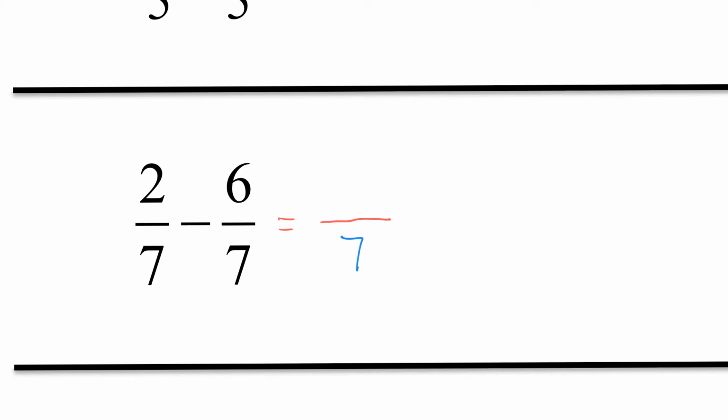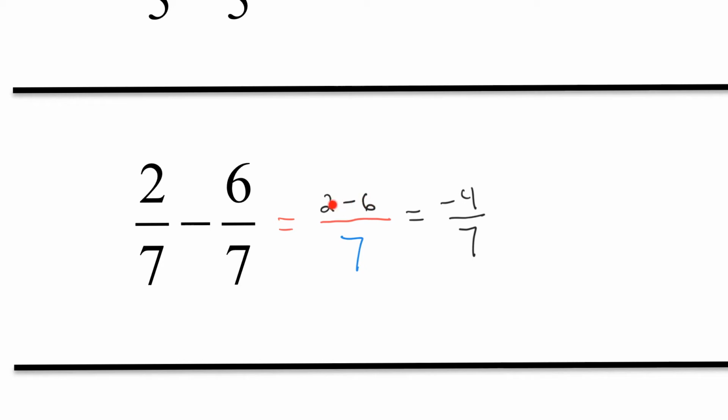And on the top, you guys actually have to follow the rules when you add or subtract integers. Remember those numbers, negatives and positives? So you really have to pay attention to the numbers. 2 minus 6. Let me rewrite that so you guys can see it. 2 minus 6, that's actually negative 4, and you keep the denominator.